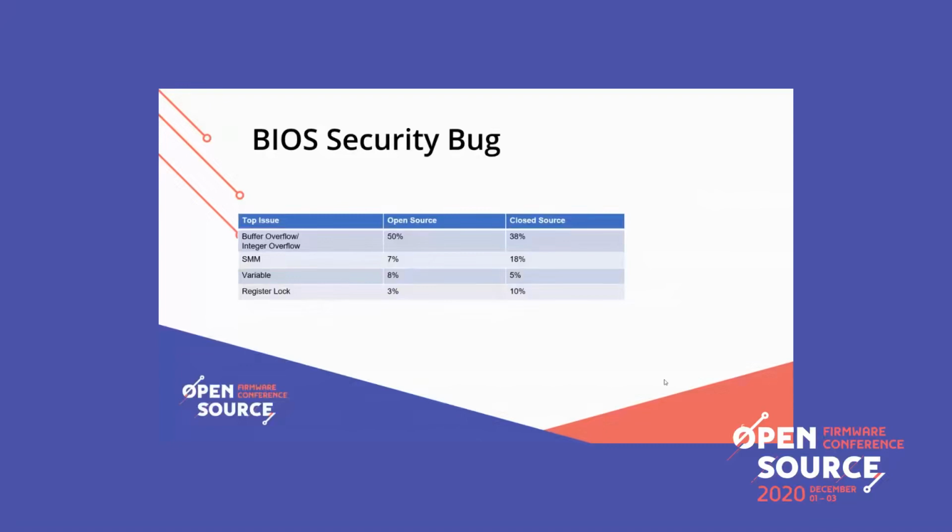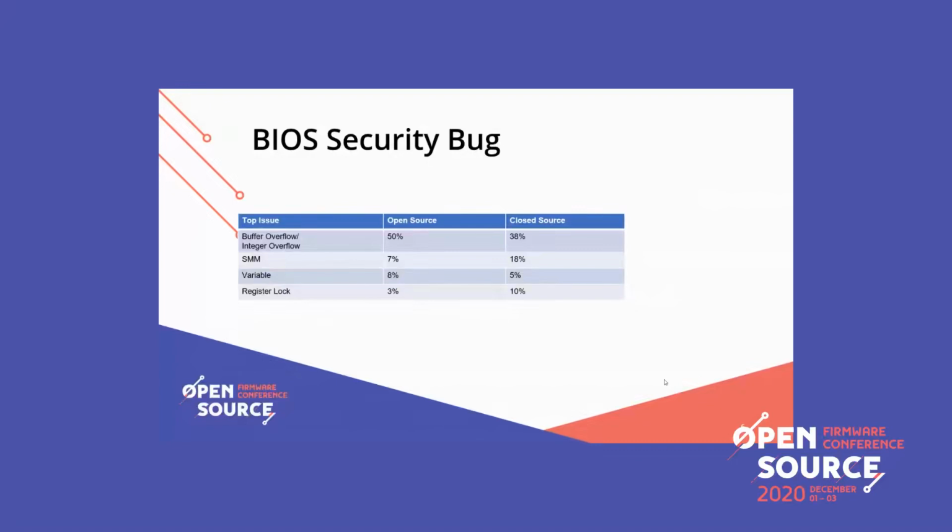For open source EDK2, such as you'd find on tianocore.org, when we went through some of the public advisories, we observed about half of the issues are buffer overflow and integer overflow. A slightly smaller amount was observed in our closed source, and then the other concentration of issues are more semantic bugs, whether it's in system management mode, variables, or applying locks.